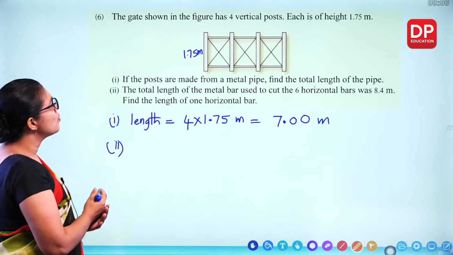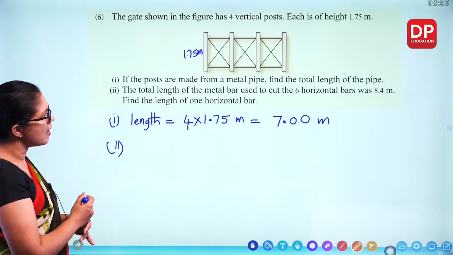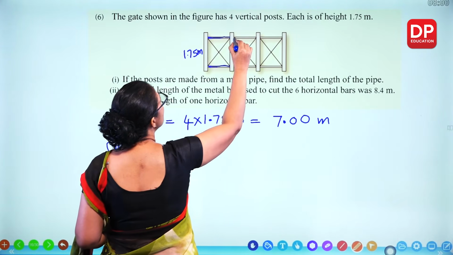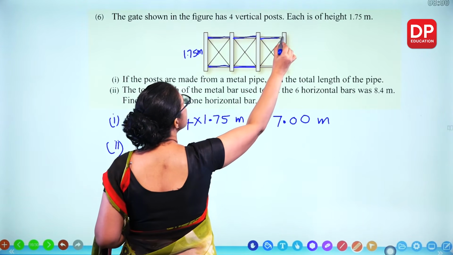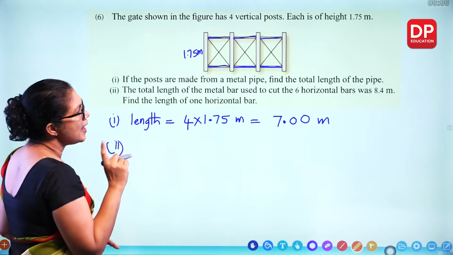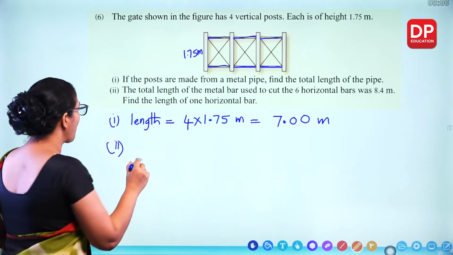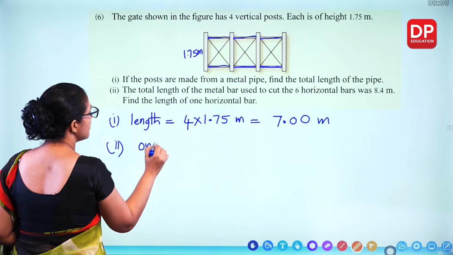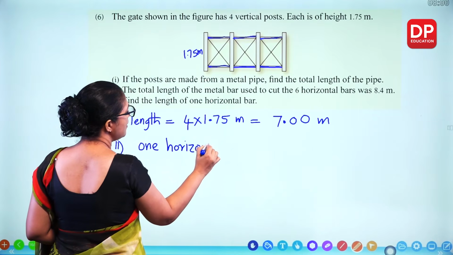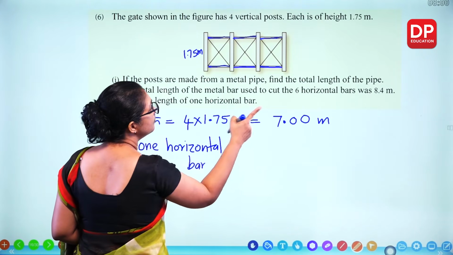Second part, the total length of the metal bar used to cut the 6 horizontal bars. 6 horizontal bars means 1, 2, 3, 4, 5, 6. These horizontal bars total 8.4 meters. Find the length of one horizontal bar. So for 1 horizontal bar, you have to divide that by 6.